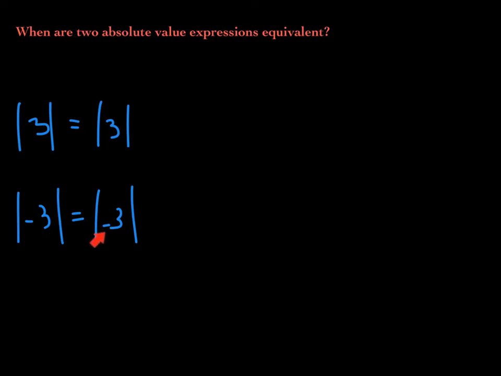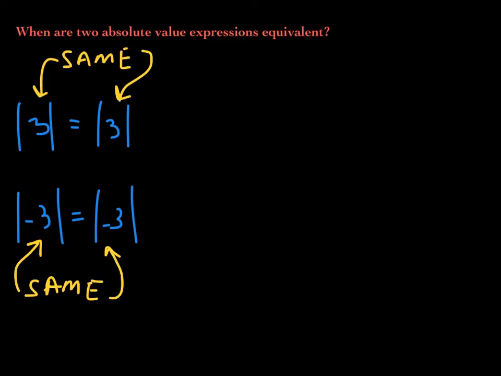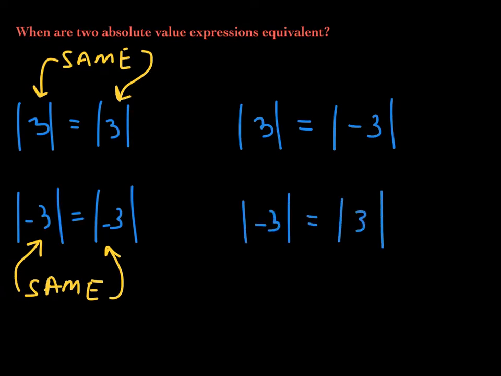Of course you would. You would say that these both are equal because these two expressions, 3 and 3, are the same. Same thing down here, negative 3 and negative 3. The expressions within the absolute value bars are the same. All right, well, what about this over here? Would you say the absolute value of 3 is equivalent to the absolute value of negative 3? What if I told you the absolute value of negative 3 is equivalent to the absolute value of positive 3?